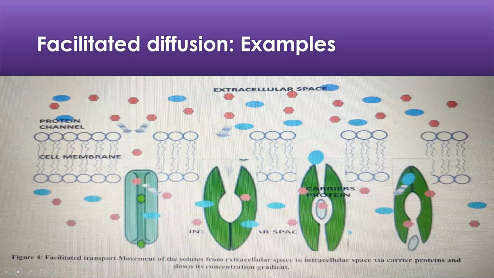They will not accept all the ions or all the molecules present in the extracellular space. It depends on the shape of the receptor, so only the molecule with the same shape as the receptor site will get transported. It means this facilitated diffusion is specific in its activity.